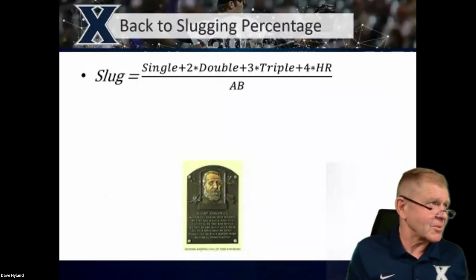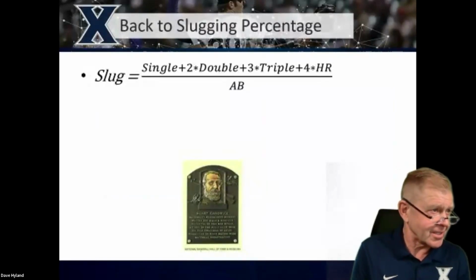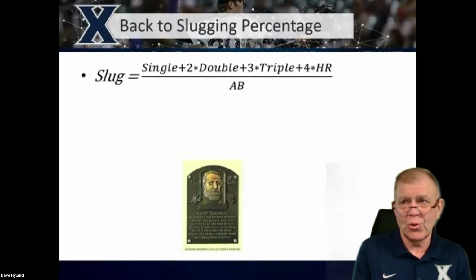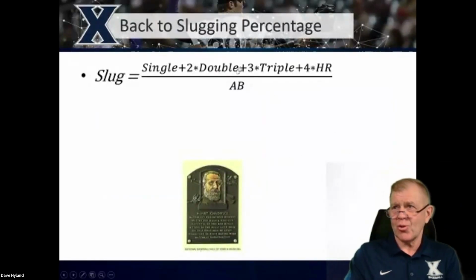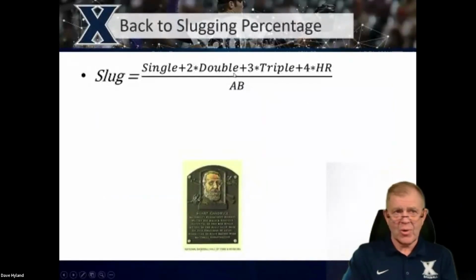So let's move forward from the 1800s and get to wOBA. If we think back to our slugging percentage concept, we've got singles, doubles, triples, and home runs. What we really want is the right weights for each one of these.